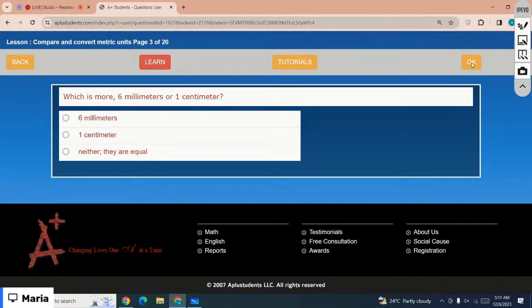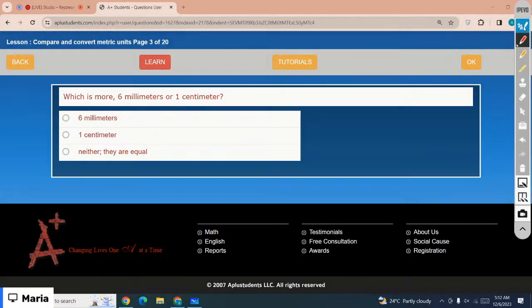You have to compare 6 millimeters and 1 centimeter. 1 centimeter equals 10 millimeters. Yes, very good. And obviously 10 millimeters is more than 6 millimeters. So the correct option is 1 centimeter. 1 centimeter is more than 6 millimeters.